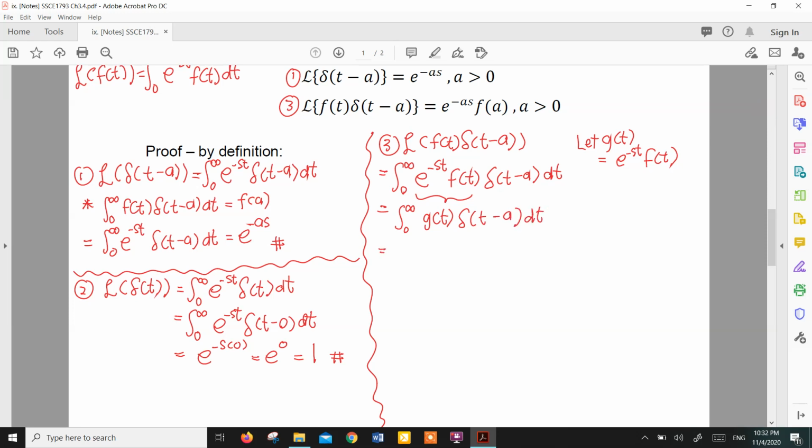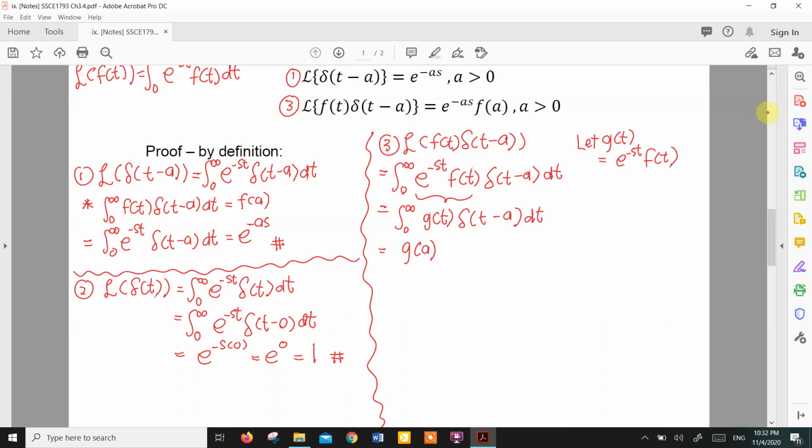Alright, so same with these two formulas. If we have this one, the improper integral of f(t) delta(t minus a), it is equals to f(a). So you copy back the function, but you replace t by a. So this is equals to g(a), right?